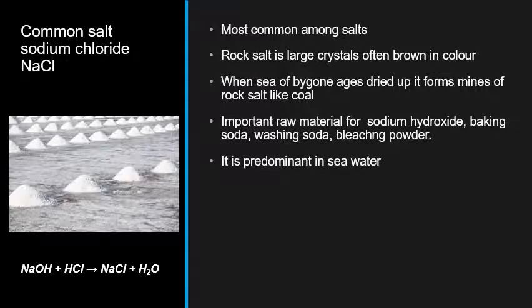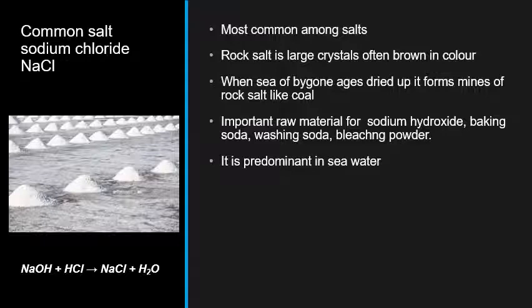And how to prepare these different materials like sodium hydroxide, baking soda, washing soda, bleaching powder? For all this, sodium chloride is the main raw material. What is the raw material? To prepare any product, we require some raw materials.